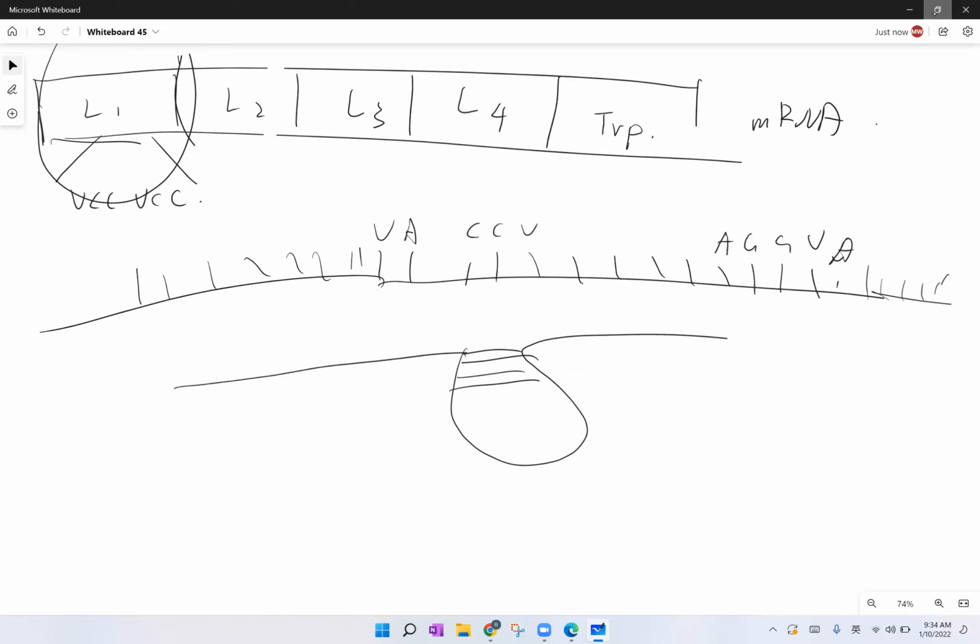So where are we up to? It can happen simultaneously. So that means it's possible that L4 is still being transcribed when we're doing the translation of your L1 sequence, right? So what's going to happen? L1 is being occupied by your ribosome, and L4 is being occupied by your RNA polymerase in your nucleoid, right?